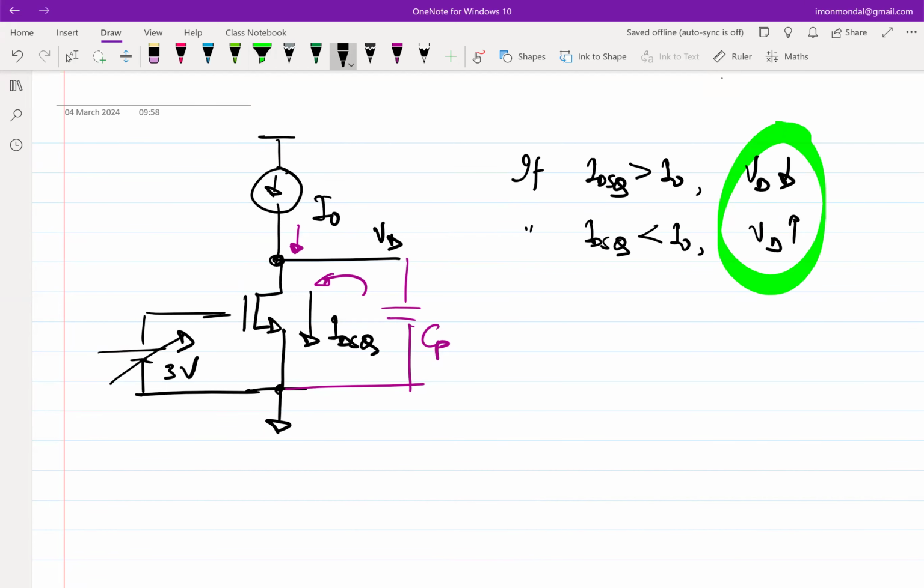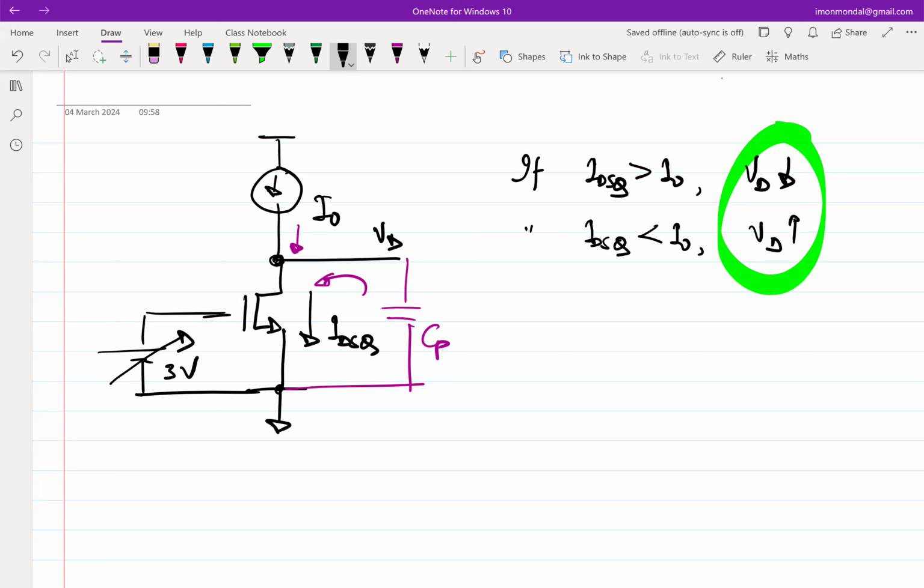So all I need to figure out is a framework to understand, simply by observing the direction in which VD is moving, whether the transistor is biased properly or not. And if it is not biased properly, then I have to take some action with regards to the gate to source voltage, right? Because that's the only handle. The gate to source voltage is the only handle to affect the current of the transistor.